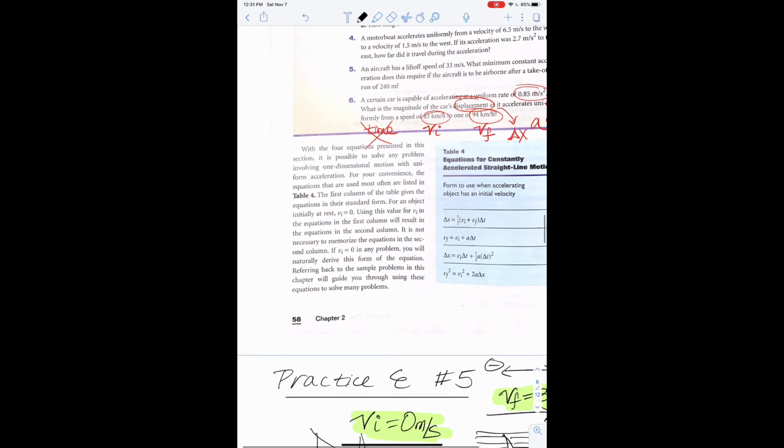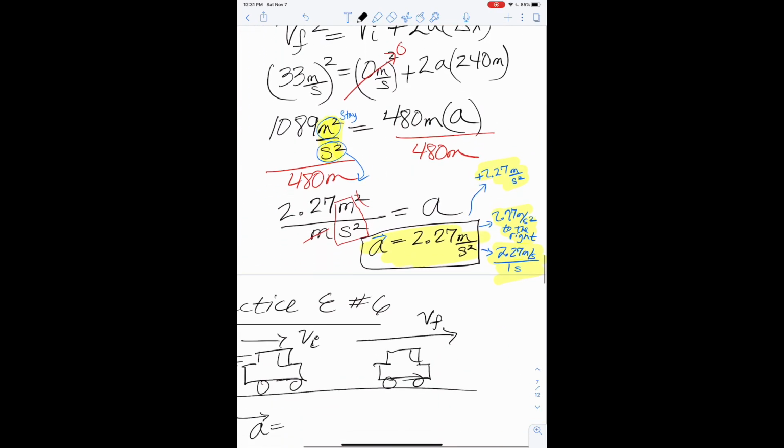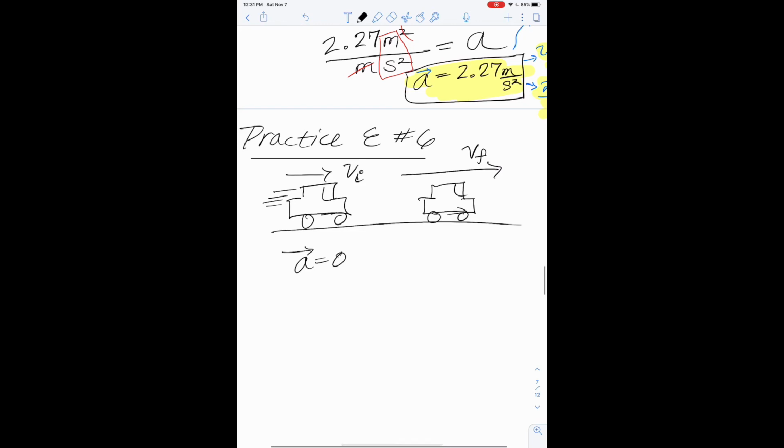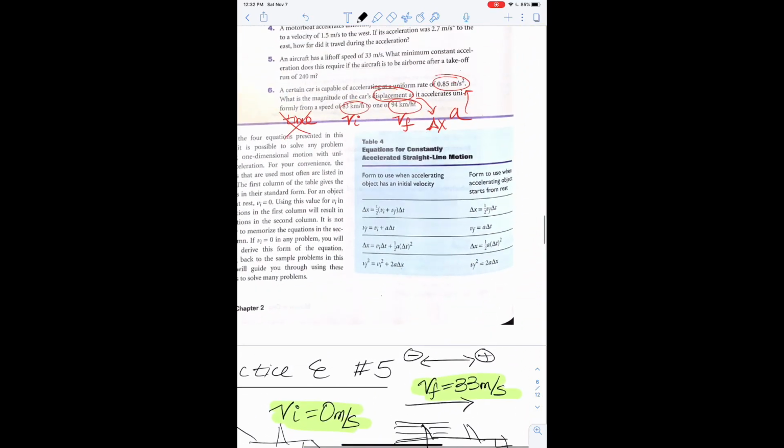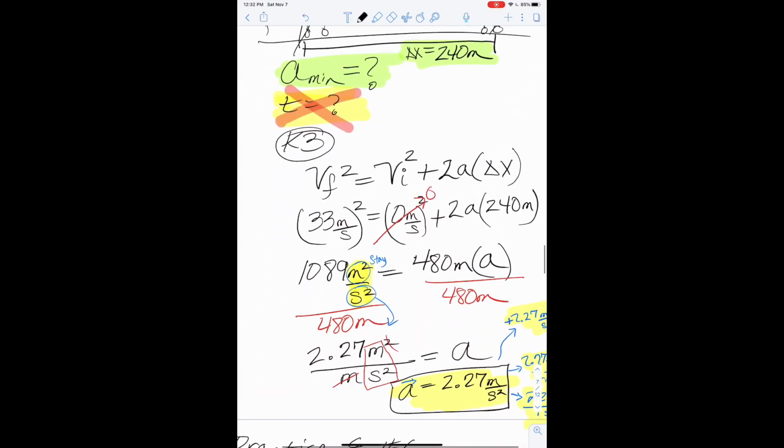Let's go get those numbers. 0.85 for the acceleration. And those other two, which are obnoxious because they're in kilometers per hour, 83 to 94.